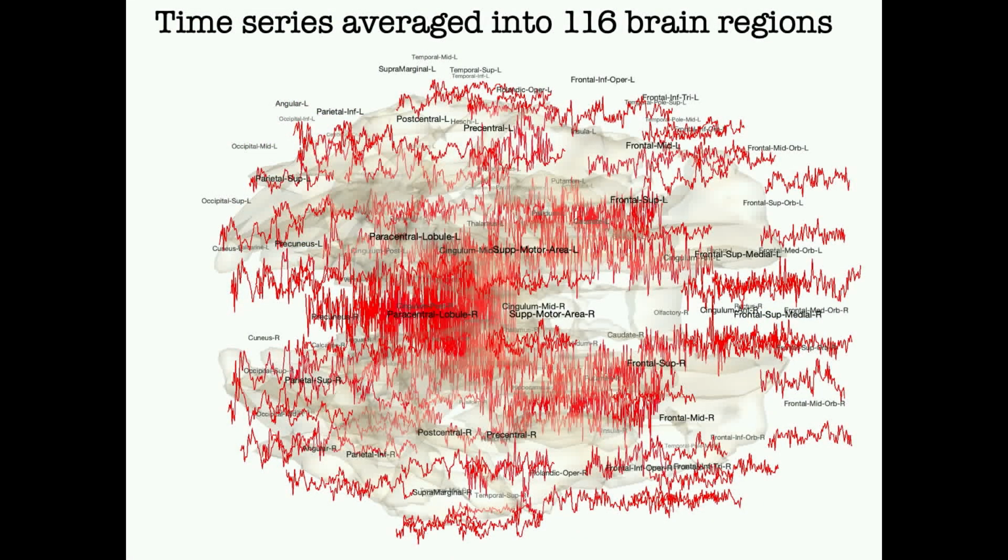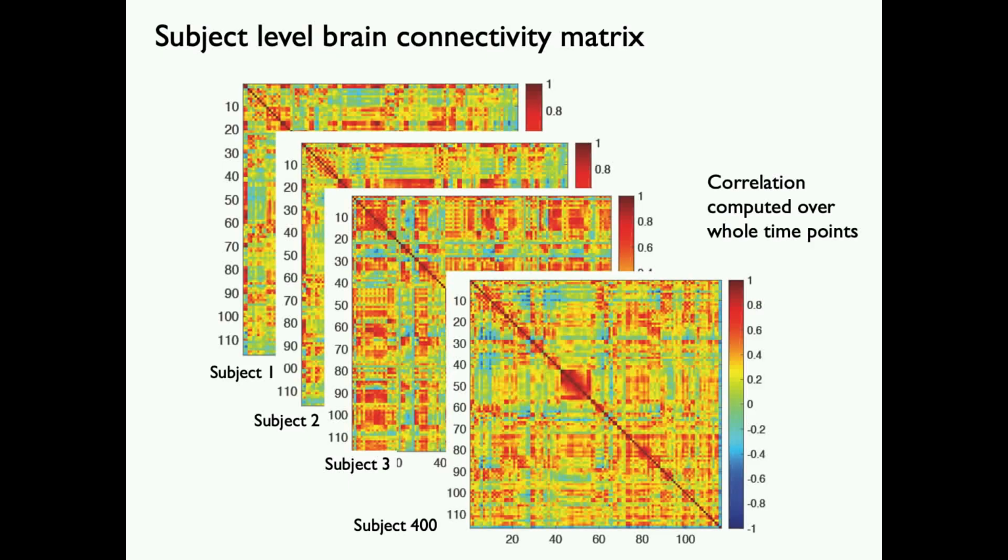Resting fMRI, if you look at it temporally, is like 99% noise, only 1% signal, I think. However, if you look at it more carefully, spatially they are actually very homogeneous in some sense. This is an example of a 400 subject.